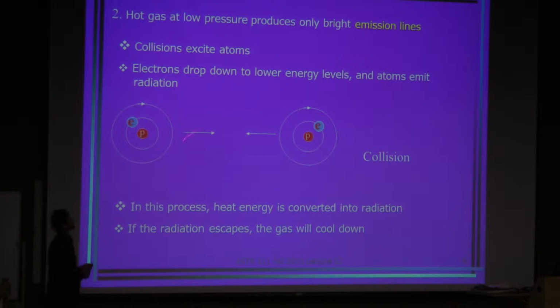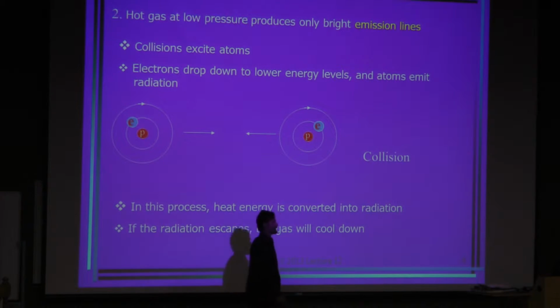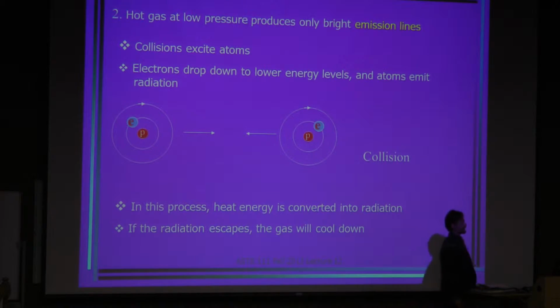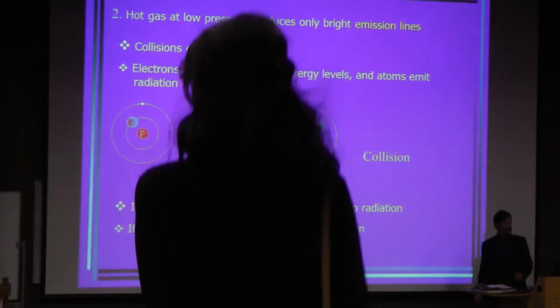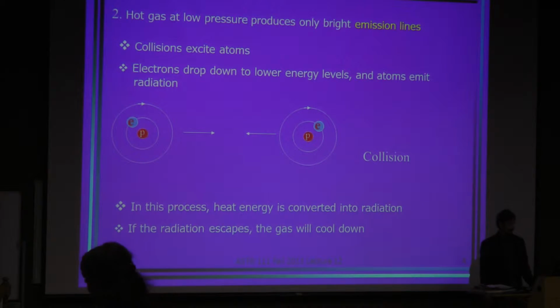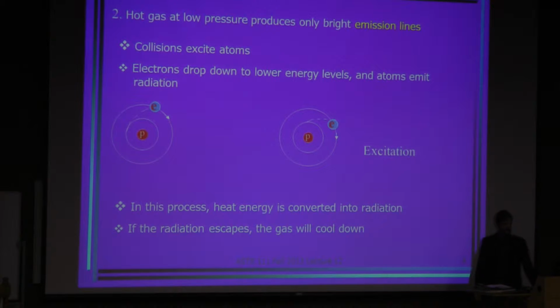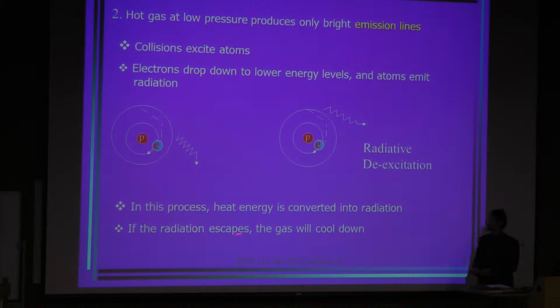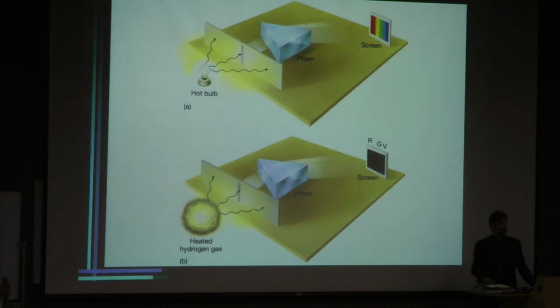And we've discussed this several times, but just to reiterate, the basic mechanism here is that you have a hot gas that's not so hot that the atoms are bumping each other apart, but they're colliding with enough energy to cause excitation. The excitation is followed by spontaneous radiative de-excitation, and those photons escape. So this process is going to result in the cooling down of the gas. What we're going to have is the kinetic energy of the thermal motions converted into light energy at specific wavelengths, not a continuous spectrum, but a discrete emission line spectrum.